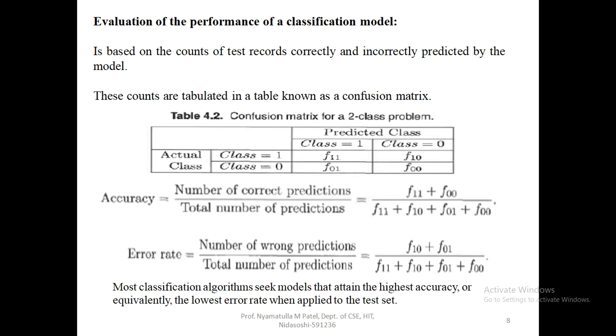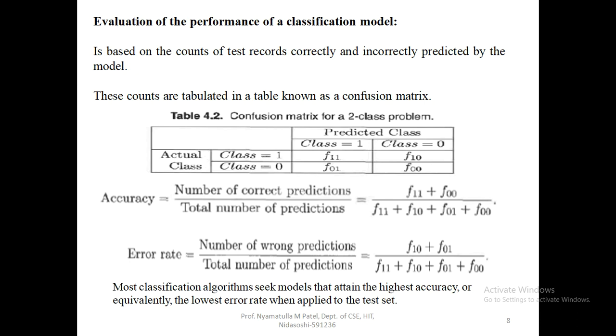If you give 100 objects as input to the classification model and all 100 times it classifies the object correctly, then the performance of the system is 100%. If you test 100 times and only 50 times it gives an accurate result, then the efficiency of the system is just 50%.